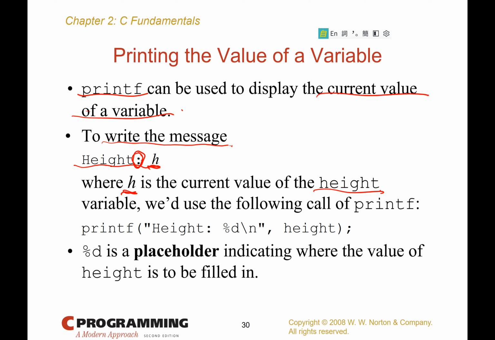So in order to display this on your screen, you should write a statement something like this. Basically, inside the pair of double quotation marks, everything will be displayed on the screen.